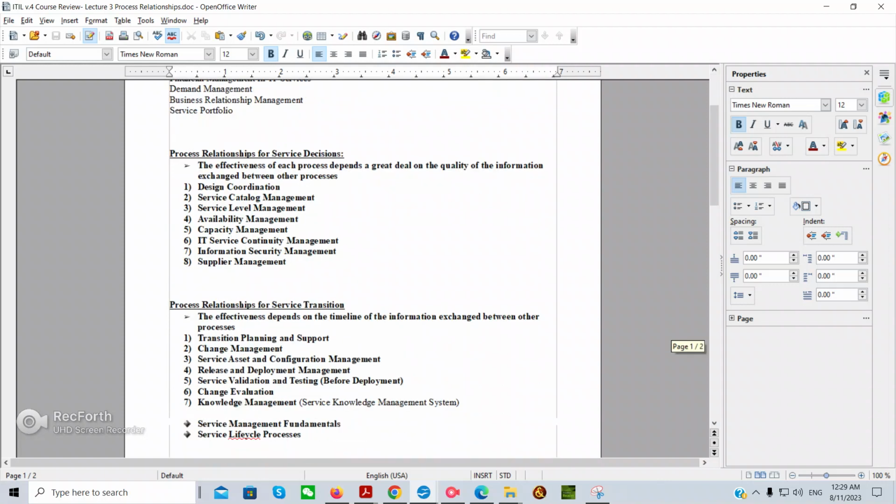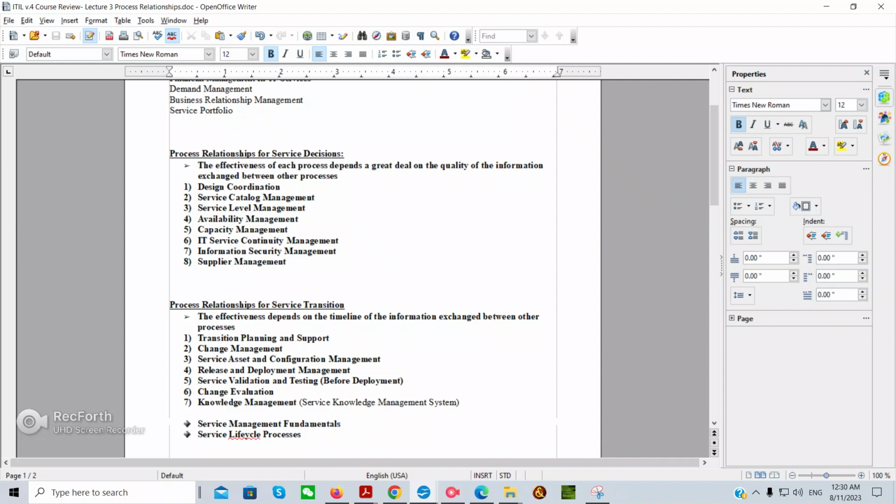Alright, for the next area, we have the process relationship for service transition. By definition, the effectiveness depends on the timeliness of the information exchanged between other processes. Now, there are 7 basic things to consider. Number 1 is transition planning and support.